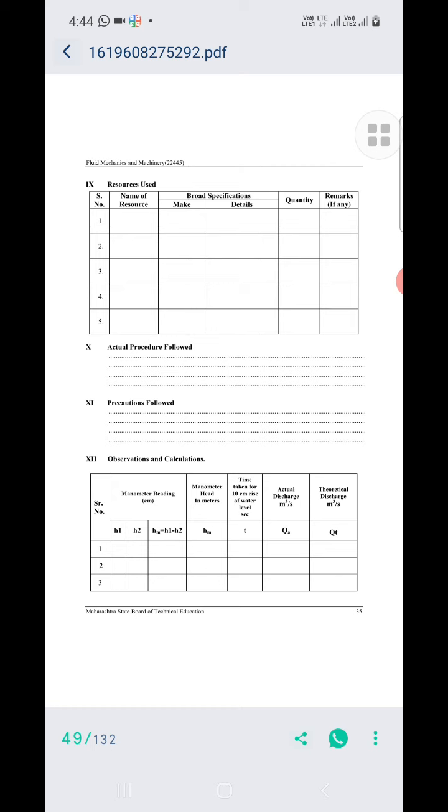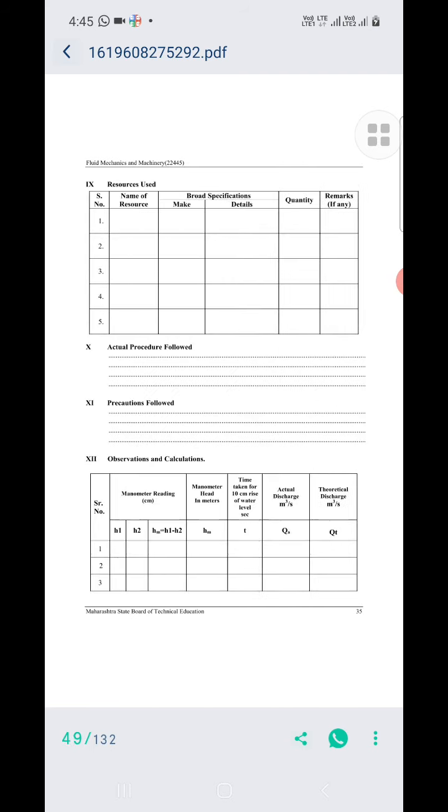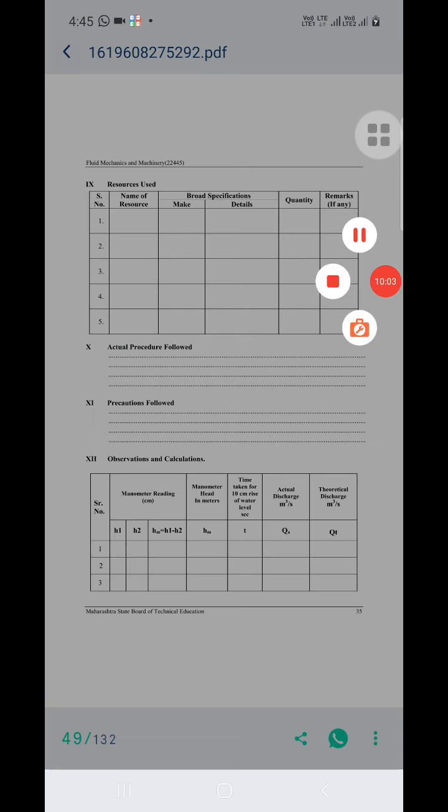Then the time taken for a 10 centimeter rise: whenever liquid flows through the pipe, take the time for a 10 centimeter rise. And calculate the actual discharge and theoretical discharge. So how to calculate? Let's see. Write down firstly the observation table.